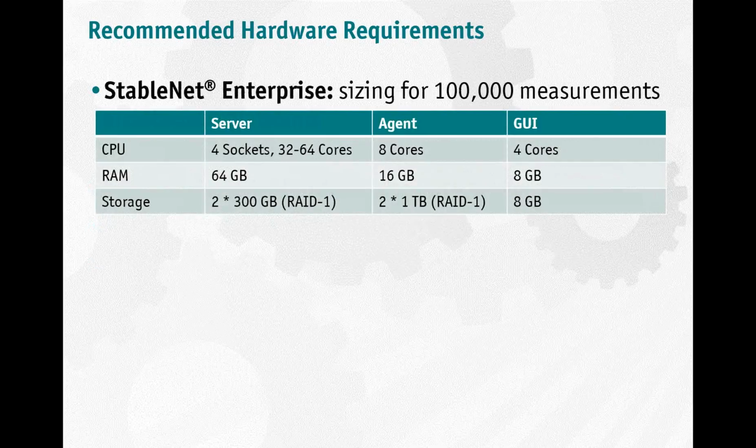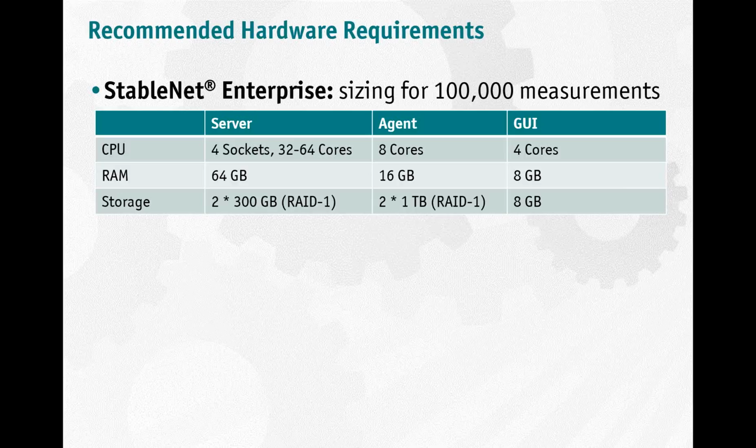The hardware requirements for the StableNet Enterprise did not change in general compared to the previous version 6.7, except for the amount of storage the GUI takes. So you can see here we now take 8 GB space instead of 2 GB before.